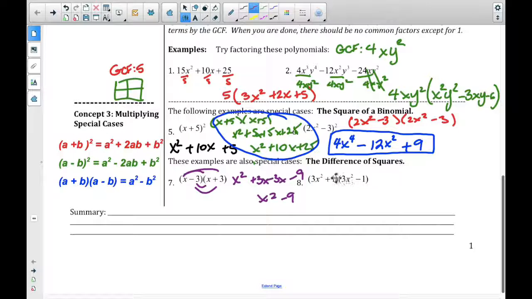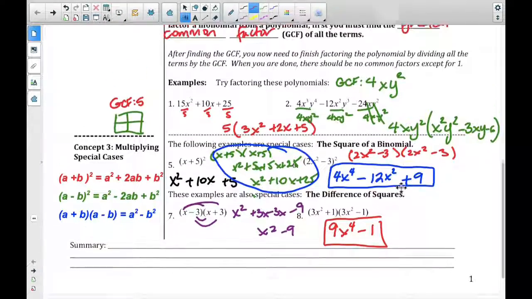The same one here is the same one here, and so that's 9x to the 4th. Then you put a minus between them, and then you square the b term, which is 1 or negative 1, doesn't matter, they're both a b. So that's just 1. And so that's the final answer. And that's it.